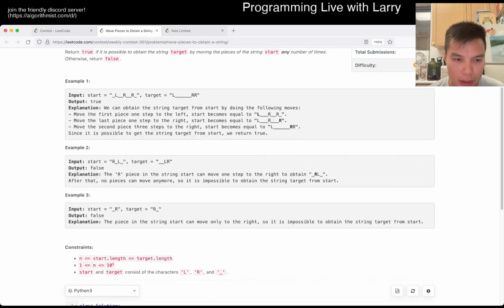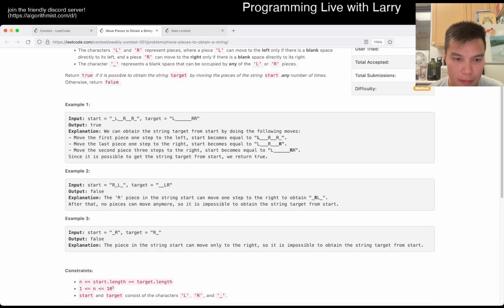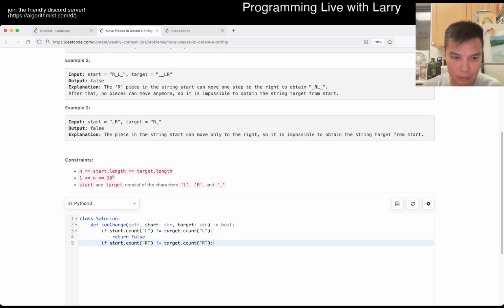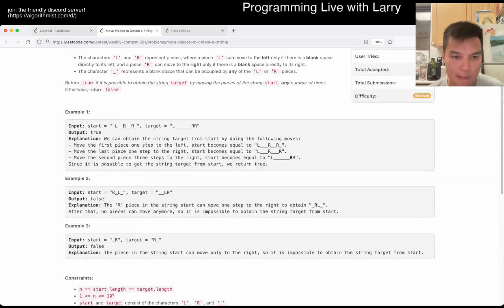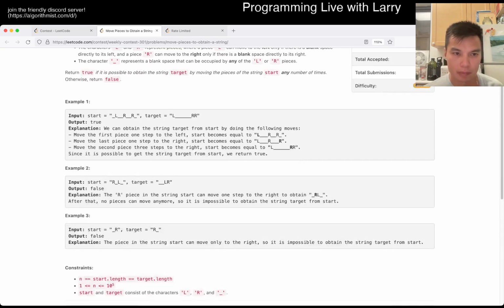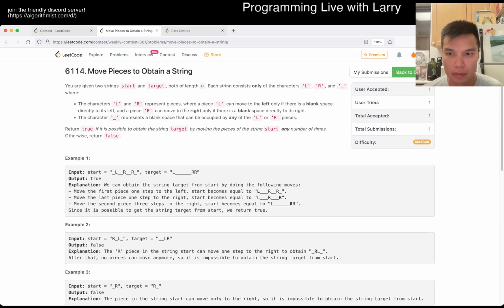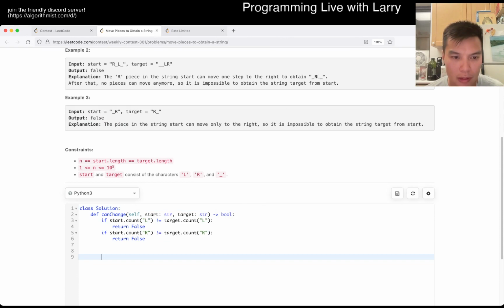This is kind of tricky, isn't it? Okay. How do I want to do this?